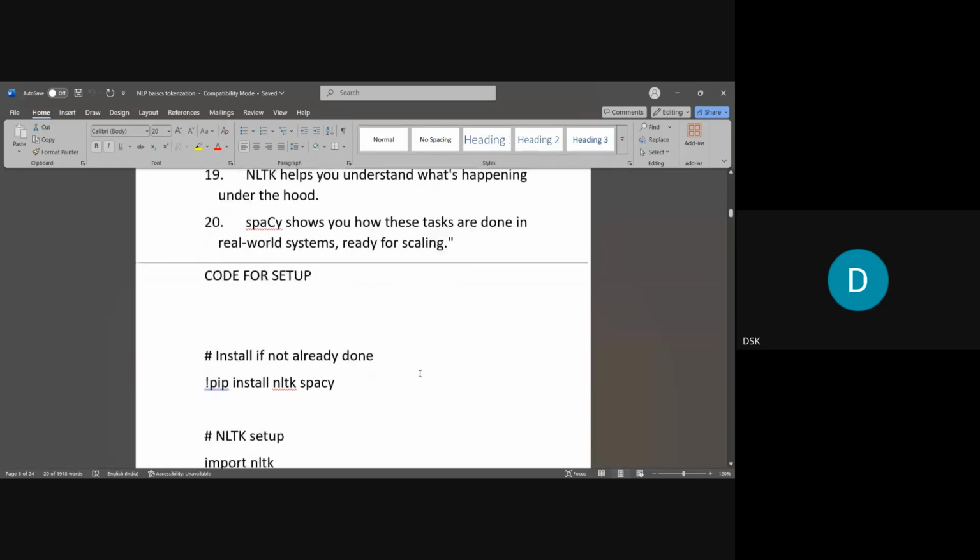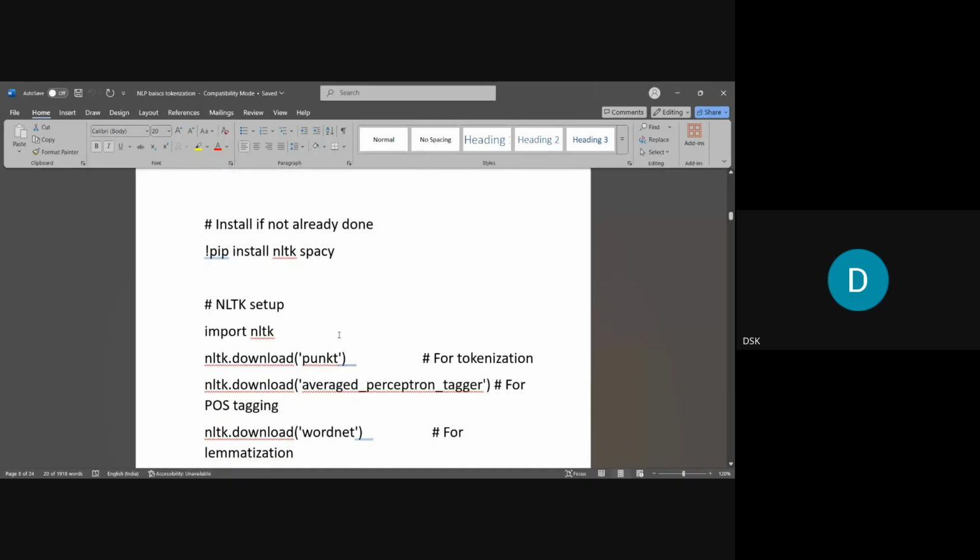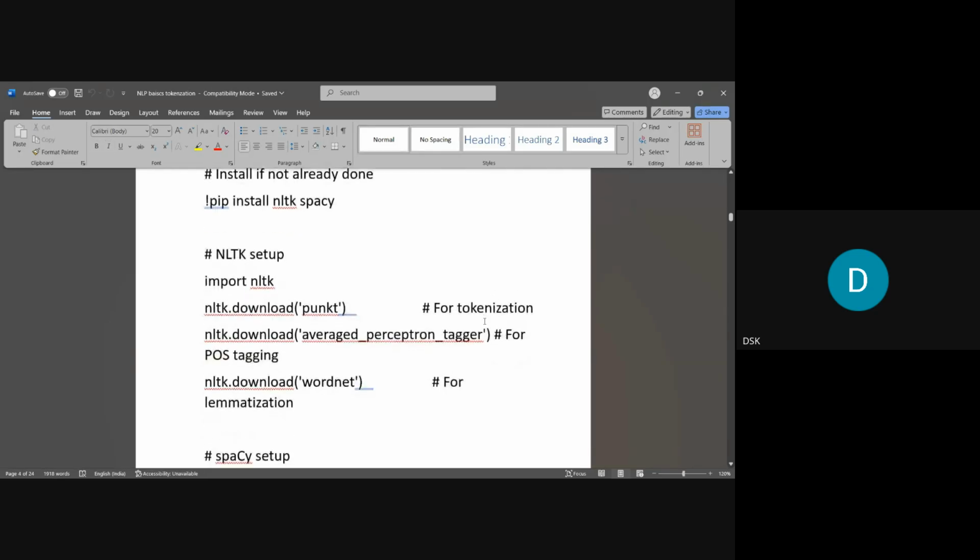So the code for setup is this: pip install nltk spacy, that is required. For the NLTK setup, first is import nltk, then you need to download punkt, which is basically for tokenization. It is required; without this, tokenization won't be performed.